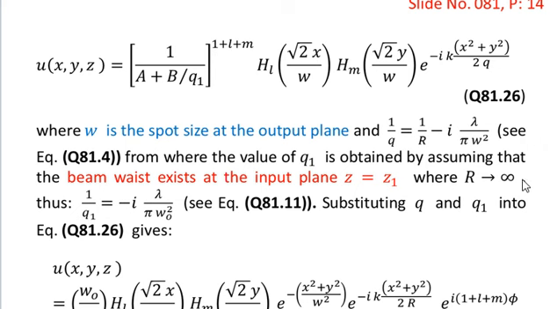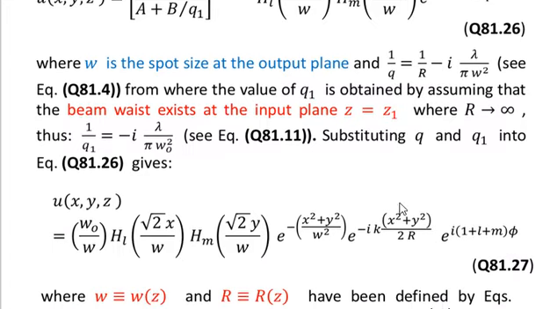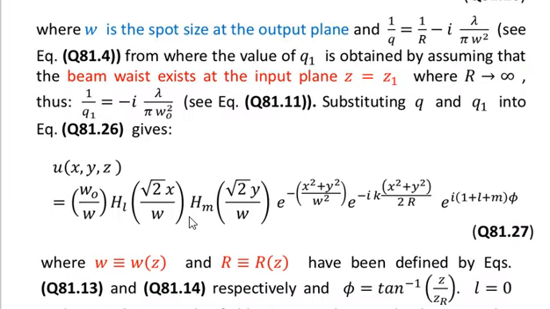If you set R goes to infinity in equation number 4, you will get 1 over q1 equal to minus iota times lambda over pi w naught square. So using q1 from here and q from this equation, we can obtain the following relationship, that is the full form of the field, independent of the dependence on the values of q1 and q.